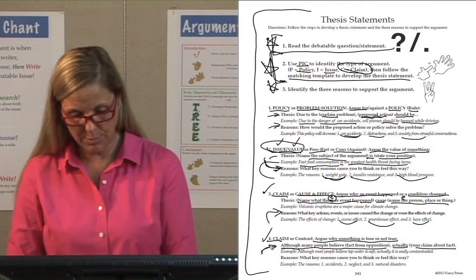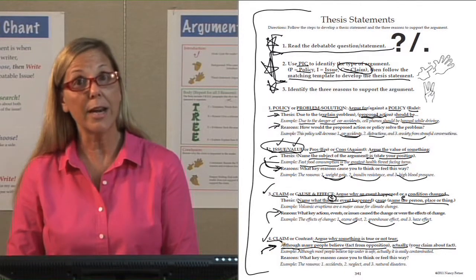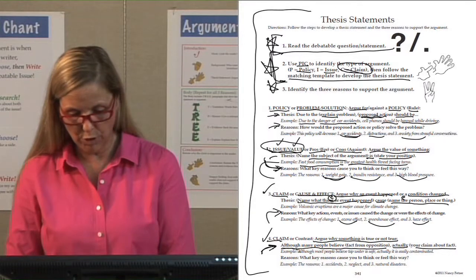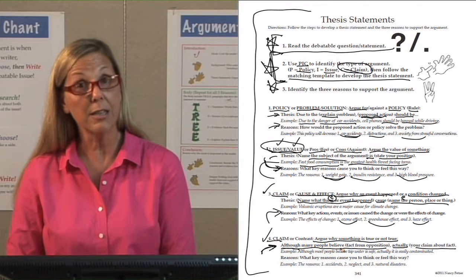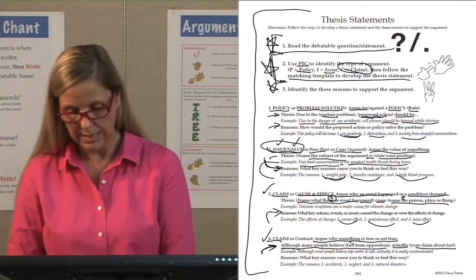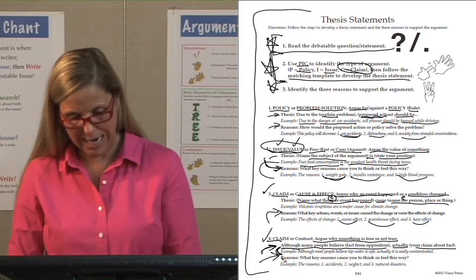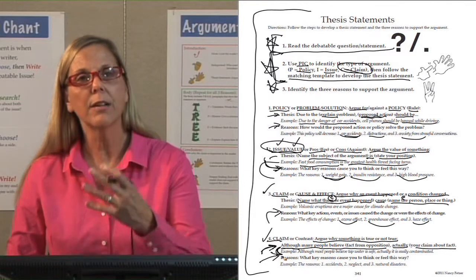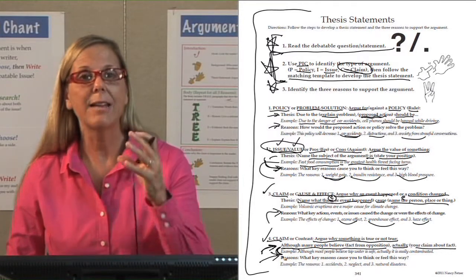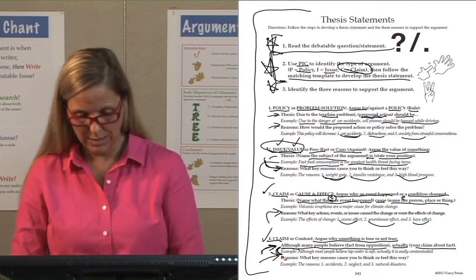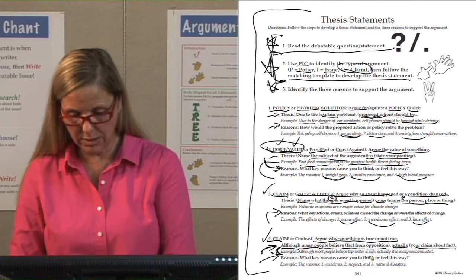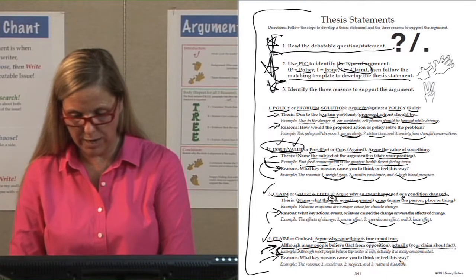And your argument statement is set up like a contrast statement. You're showing, although many people believe, here's the opposite, the contrast, and here's what you believe, this is what you think is true. Here's the question we asked to try to find reasons that are going to make sense and back up that argument. So we're going to ask, what key reasons cause you to think or feel this way?